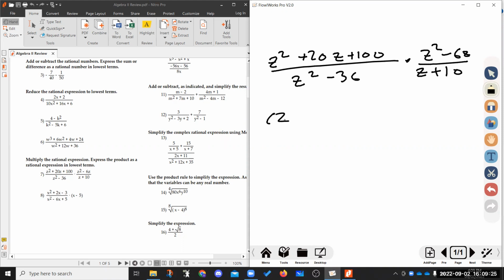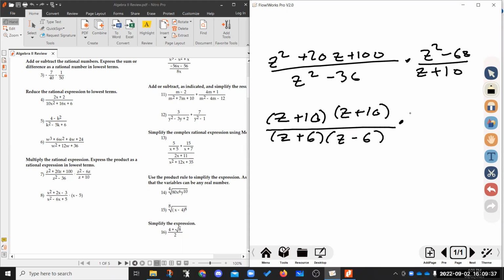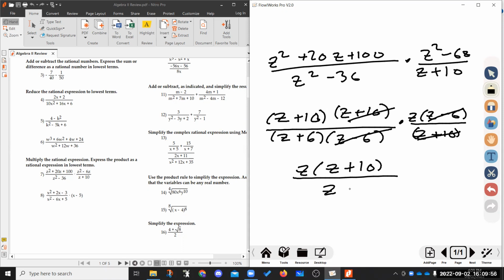So this is going to be z plus 10 times z plus 10 over z plus 6, z minus 6 times z minus 6 over z plus 10. Z plus 10 will cancel. Z minus 6 will cancel. We're going to be left with z times z plus 10 over z plus 6, and we'll be done.